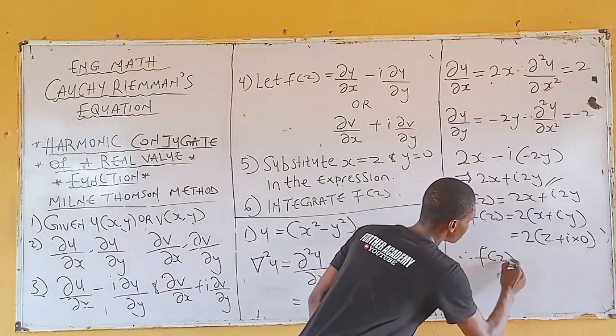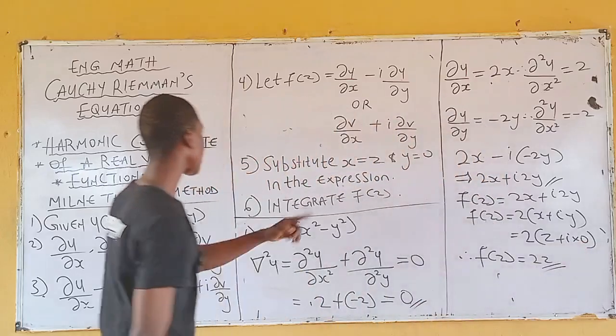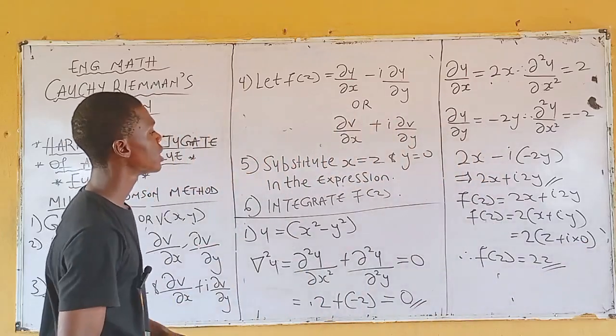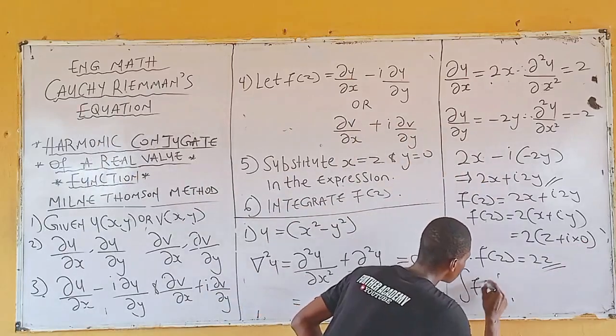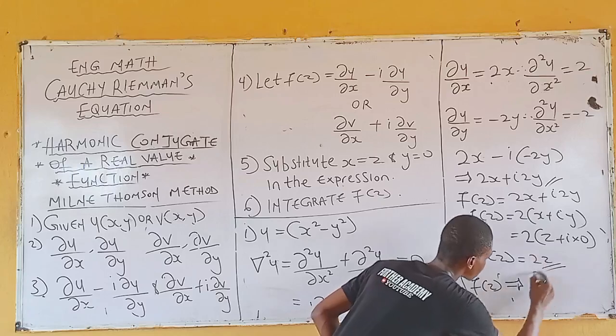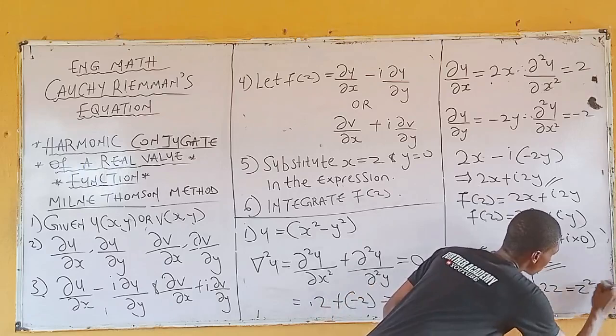Therefore f of z is 2z. The last step is to integrate f of z. The integral of 2z is z squared plus c.